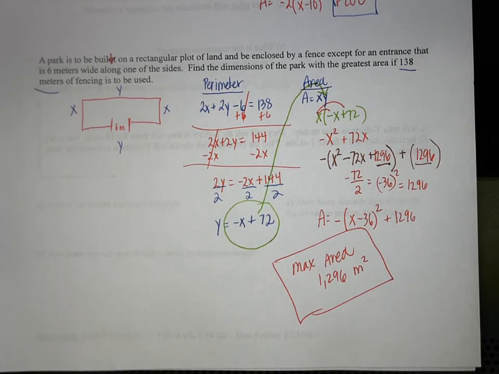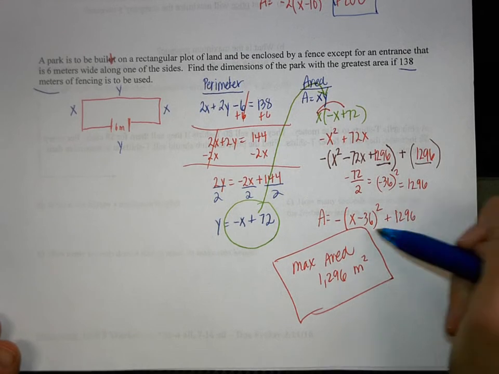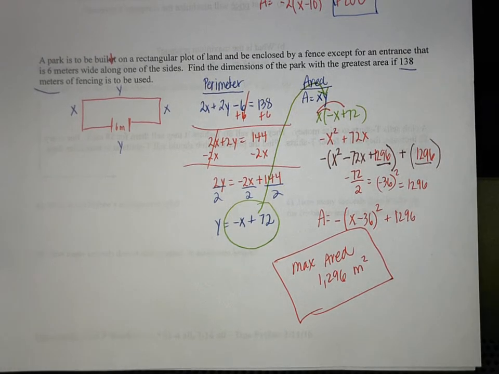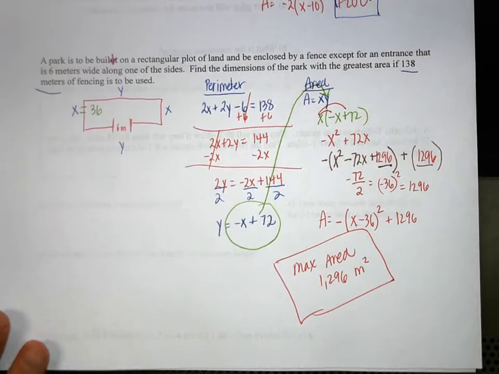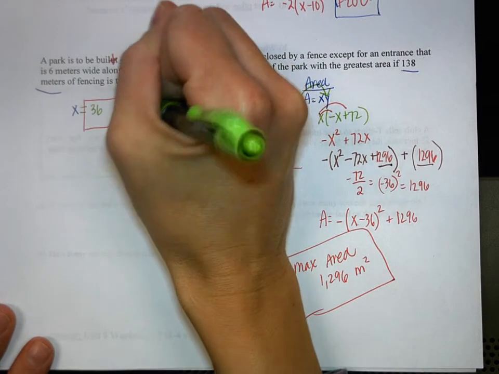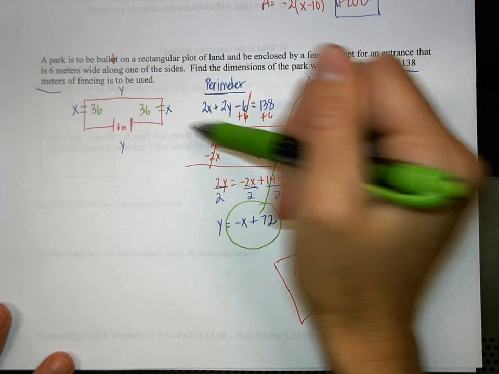Now, just to show you again, and you don't have to do this in your homework or anything, once you get that answer, you are fine. But this is telling me if I were to set this equal to 0, that x equals 36. Which means that this would also be 36. So if you were to plug this in here, we could find y.